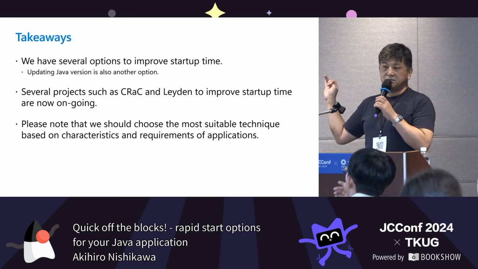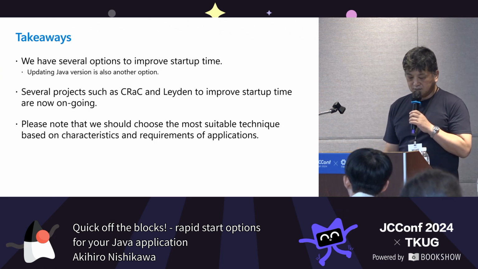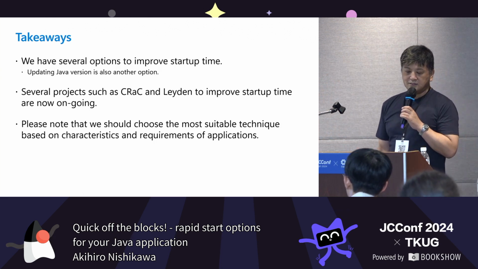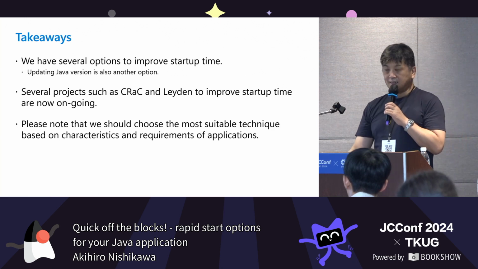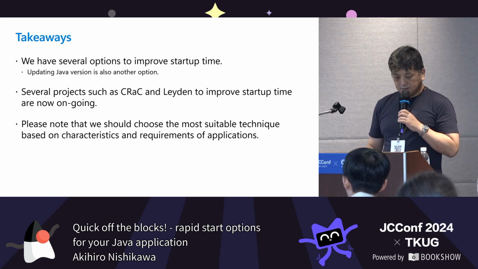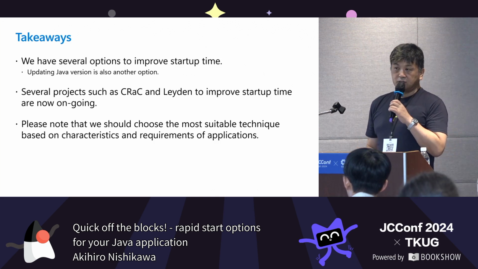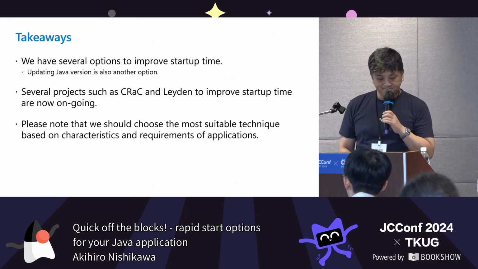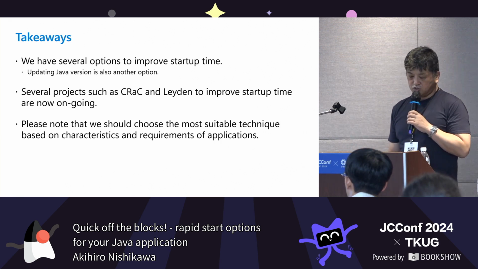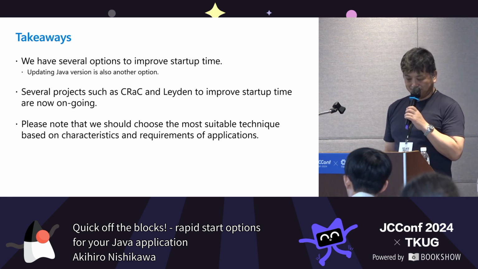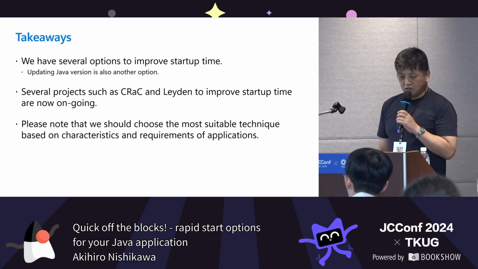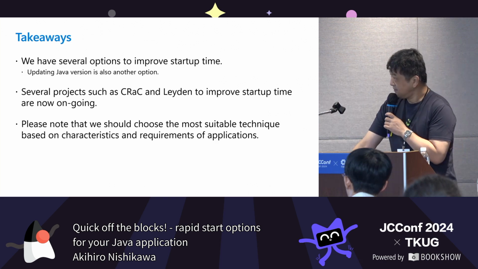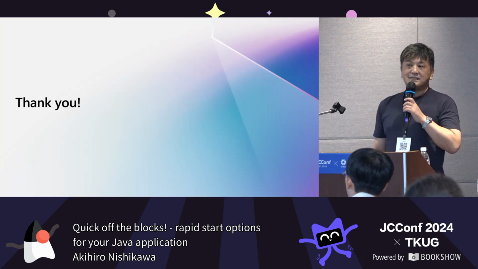Needless to say, GraalVM native image, but several options like CRaC and Leyden are now approaching, and the development is ongoing. So please note that we should choose the most suitable technique based on the characteristics and requirements of applications. Thank you so much.